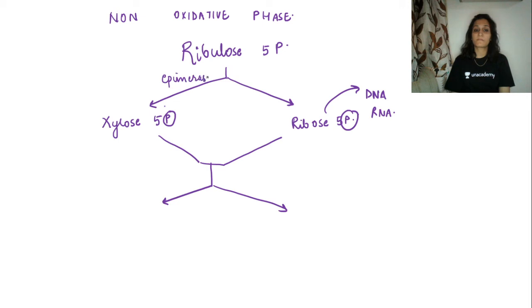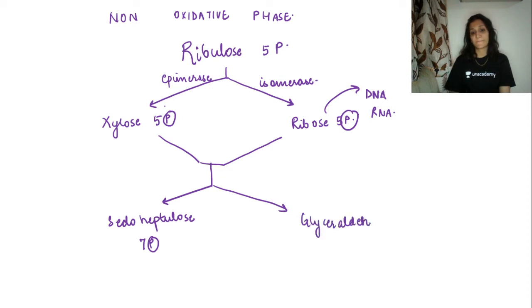Epimerase and isomerase. So this is going to give rise to sedoheptulose 7-phosphate, and going to give rise to glyceraldehyde 3-phosphate.